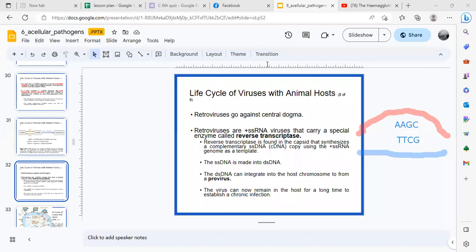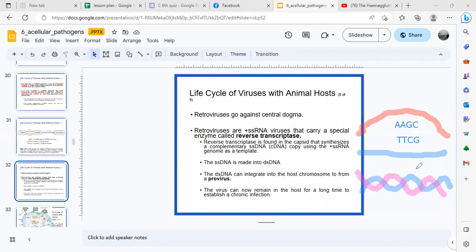So syempre itsura niyan dapat ganito, no? Ano ba yun? So dapat helix. Tapos yung isa mo, ano ba itsura? Ano pong kulay nun ginamit ko? So yun yung isa. Ay, ibang kulay. Anyway, so yun na yan.